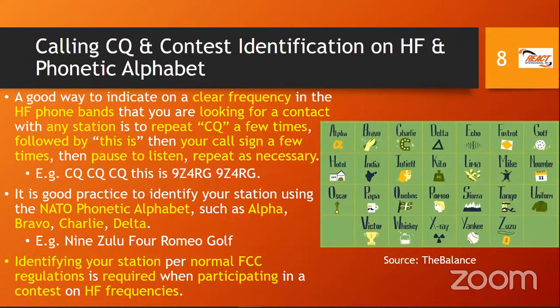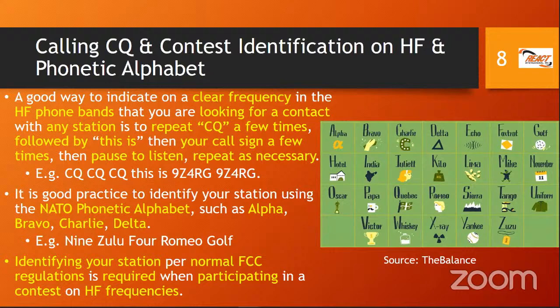But once you have done that, what you do is you say CQ a few times, followed by "this is," then you state your call sign a few times. After that, you pause and listen to see if anyone is responding to you. And if you don't hear anyone respond, you repeat that CQ call as many times as you need for someone to hear you and respond.